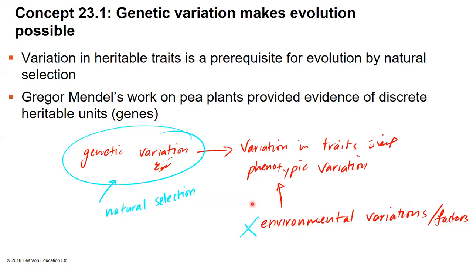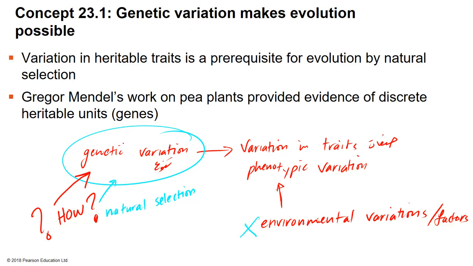So both environmental and genetic factors determine the phenotypes observed in individuals in a population. Okay. So next we're going to look at how genetic variation occurs in populations. Okay.